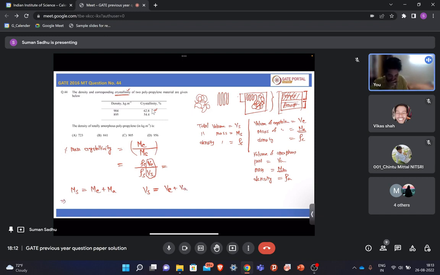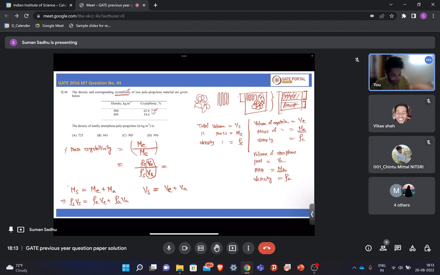Now, if we write this equation in terms of density and volume, then rho s Vs is equal to rho c Vc plus rho a Va. Now we have to find the ratio of Vc by Vs, right?